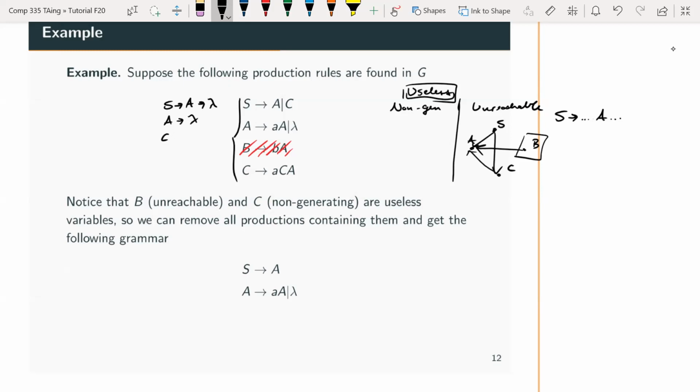However, for C, the only production rule I can use is C gives me ACA, right? And then once I have that, I need to replace C with ACA again.